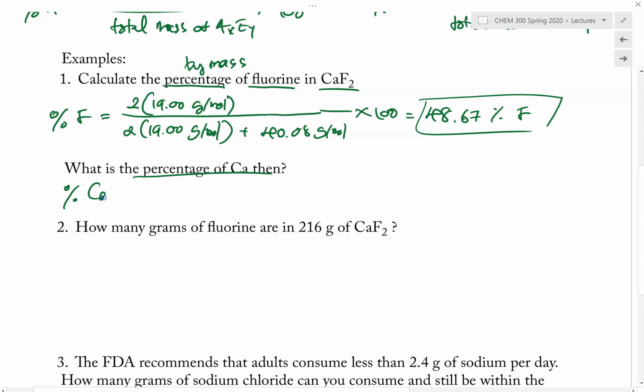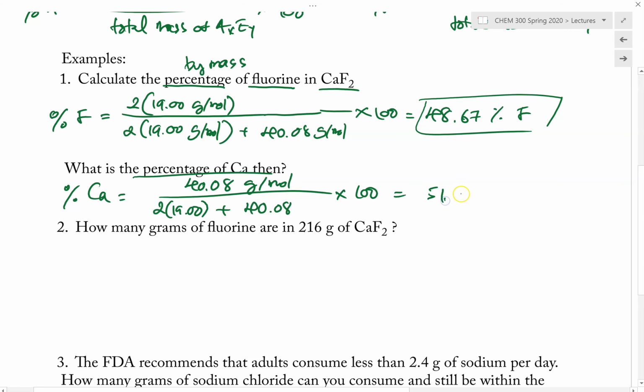The percentage of calcium equals the mass of calcium divided by the total mass. The mass of calcium is 40.08 gram per mole, divided by the total mass, which is 2 times 19 plus 40.08, multiplied by 100. And now we have 51.33% calcium.